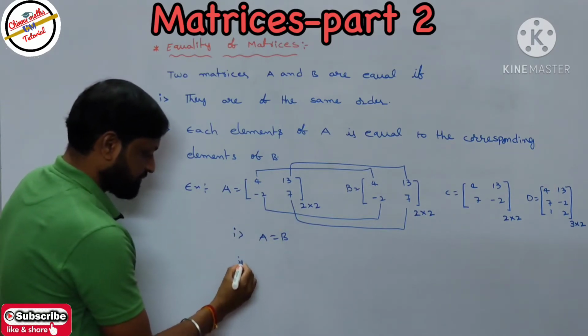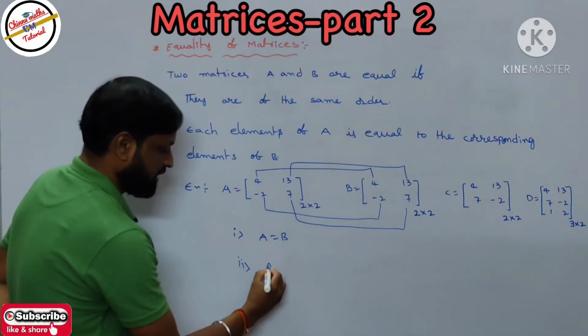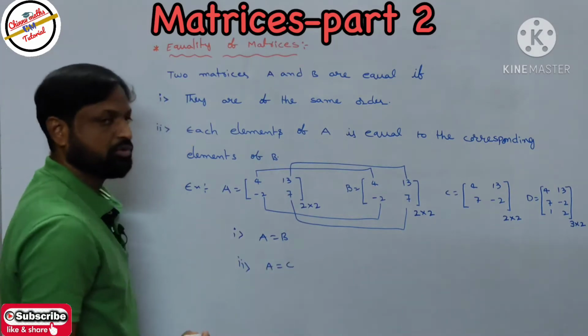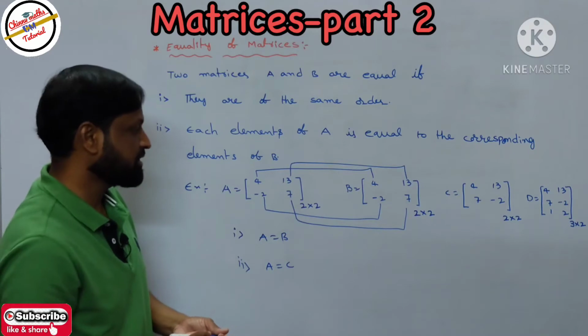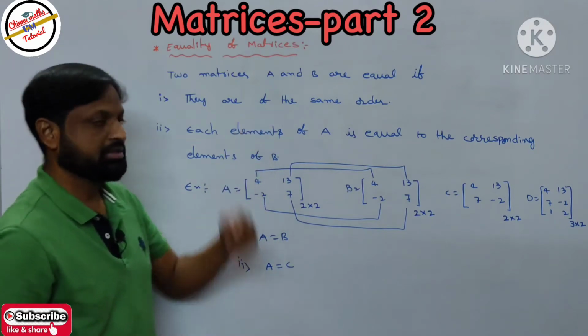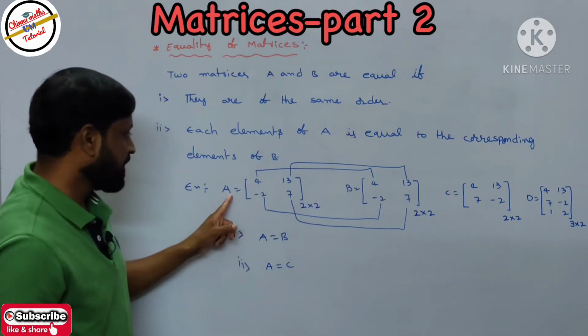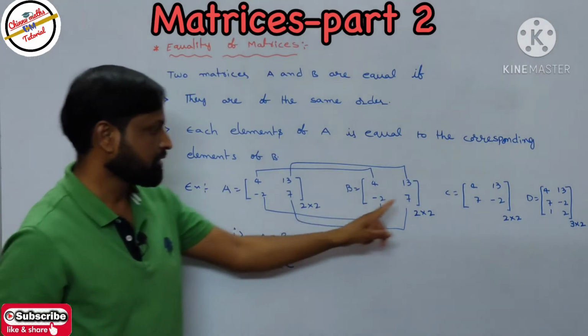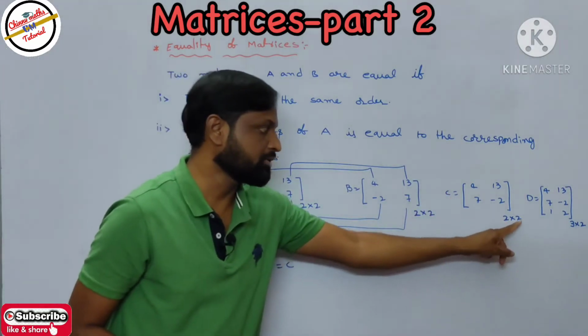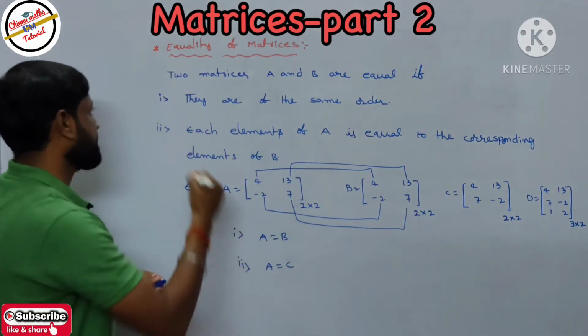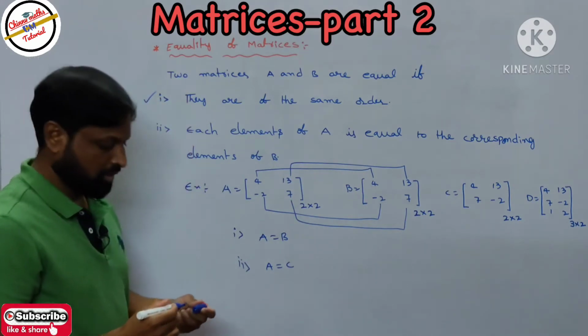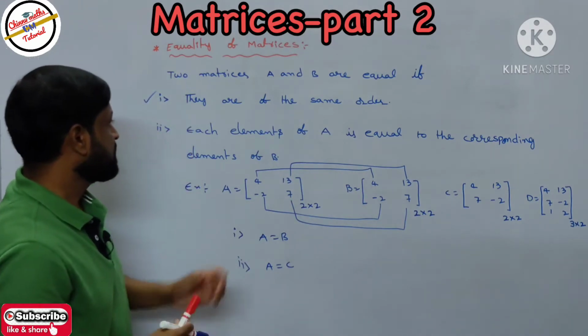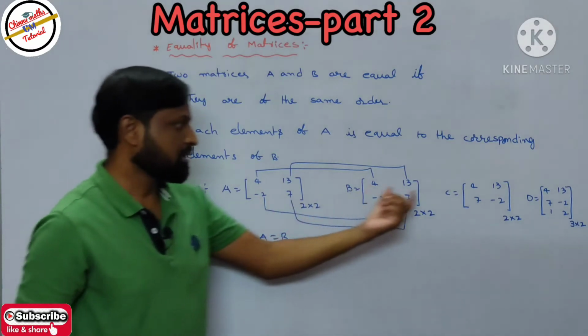Take the second one. Suppose I will take A equal to C. Verify the two conditions. What is our first condition? The order of the two matrices should be equal. The order of matrix A equals 2 by 2. The order of matrix C equals 2 by 2. The first condition is satisfied. Okay. What about the second condition? We have to check whether the corresponding elements are equal or not.